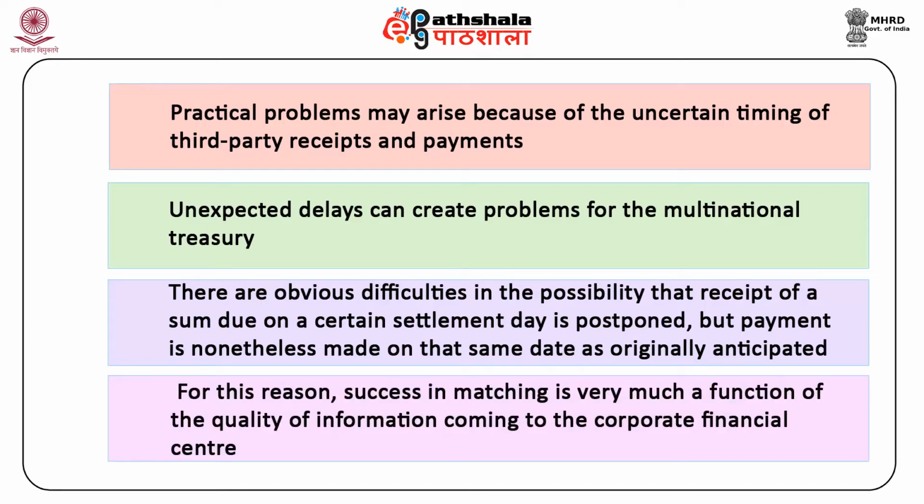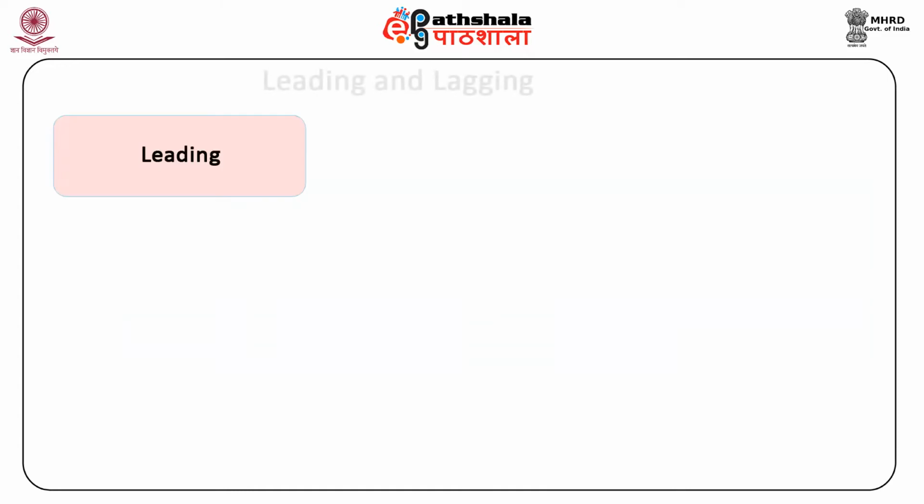For this reason, success in matching is very much a function of the quality of information coming to the corporate financial center, including realistic and accurate predictions of settlement dates. Like netting, the extent of matching is constrained by the exchange controls of some countries.